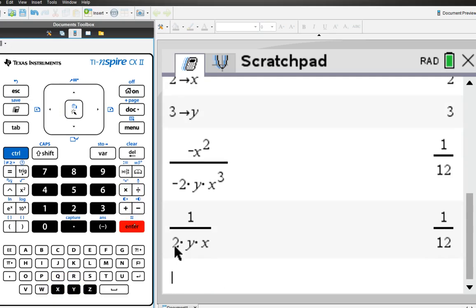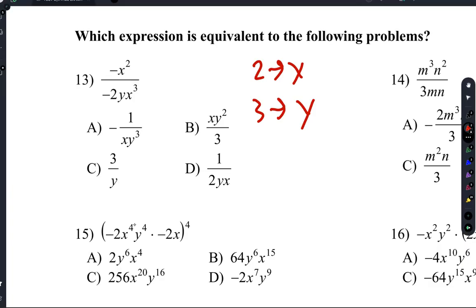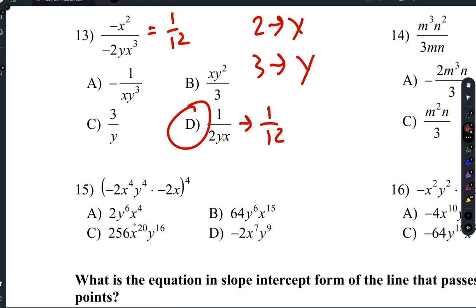Just type in all the answer choices, one of them's going to match up, okay? So on this one right here, this was equal to 1 over 12, and this was also equal to 1 over 12. So choice D was it.